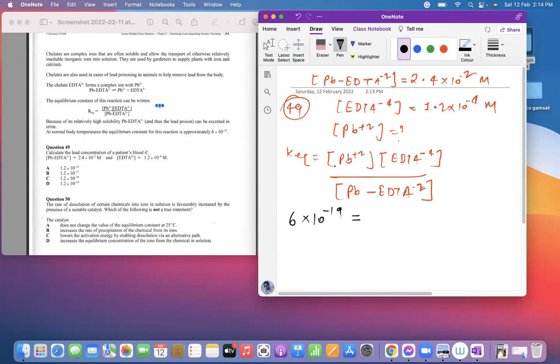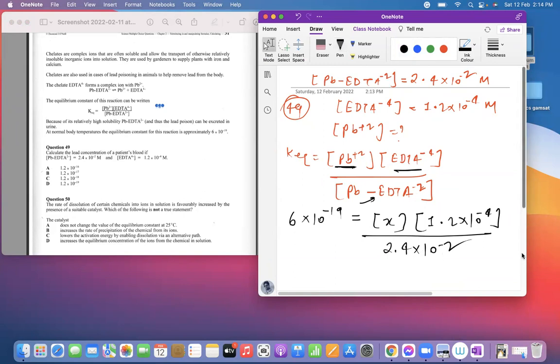It is equal to, we have to find this one, so we can assume it as x. And EDTA 4- is given as 1.2 × 10^-4, divided by this concentration, which is given as 2.4 × 10^-2. So this 10^-2 and this 10^-2 can cancel out, and you can see 6 × 10^-19 is equal to x × 1.2 × 10^-2 divided by 2.4.